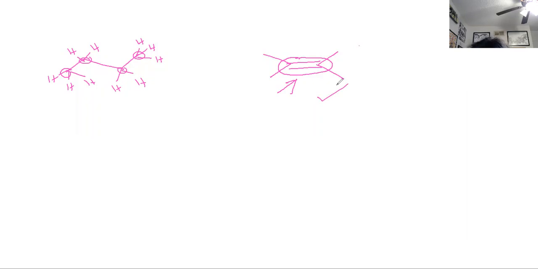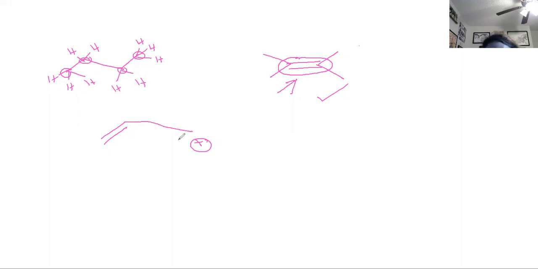But there's other examples where electron density is spread out over a larger portion of the molecule. Let's take a look at this molecule here, for instance. This is called a carbocation. In this molecule, we have a positive charge on this carbon.